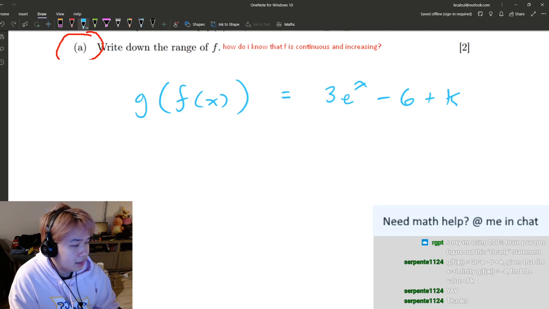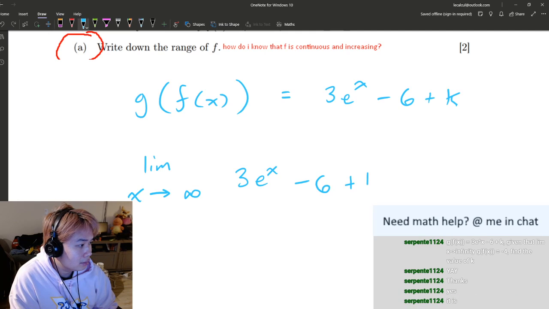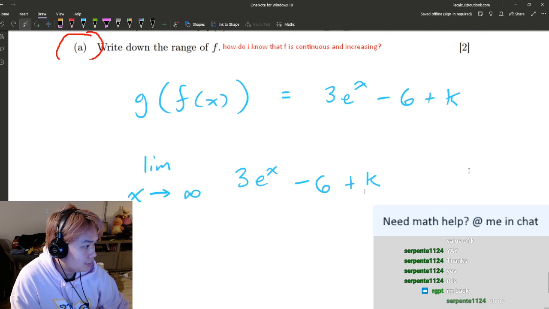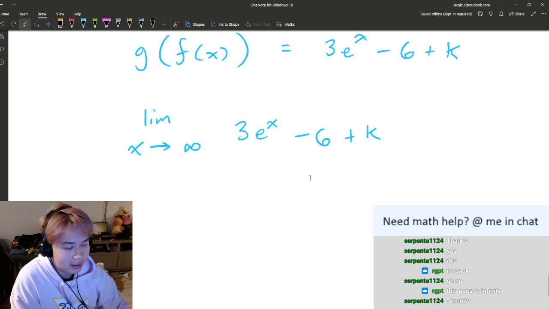And then given that you know when you take the limit as x goes to infinity... are you sure it's infinity? I don't think it's infinity. Or you typed in the wrong question. You went somewhere? Yeah, you're missing something. Yeah, negative infinity.